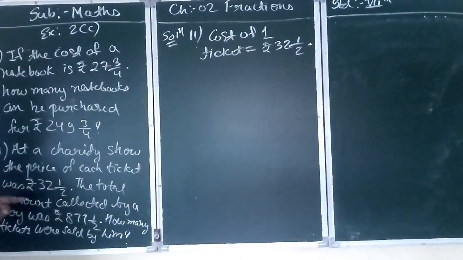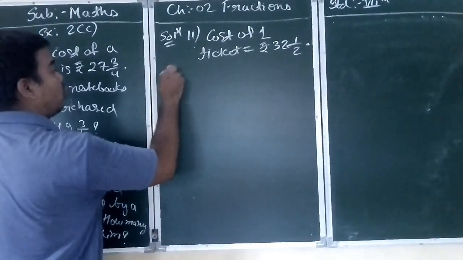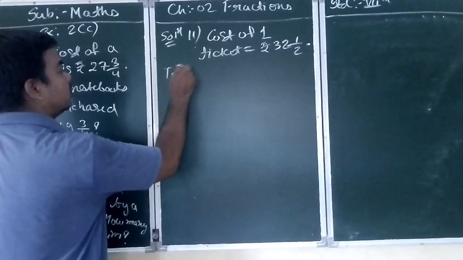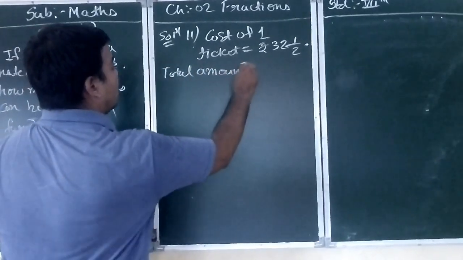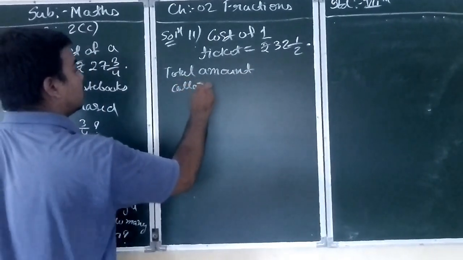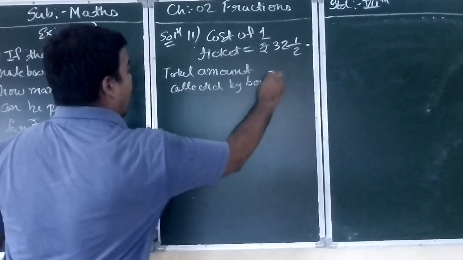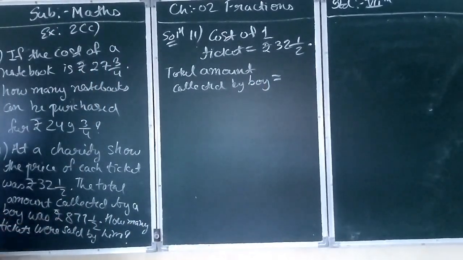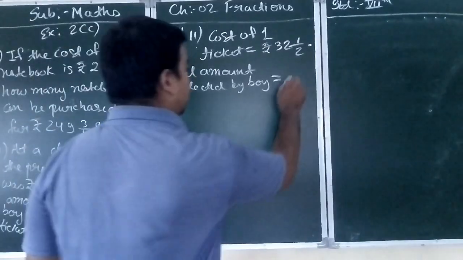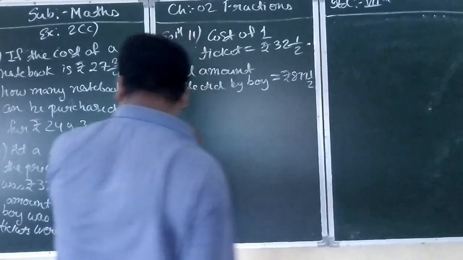Then the total amount collected was rupees 877 1 by 2. How much amount was collected? Rupees 877 1 by 2.